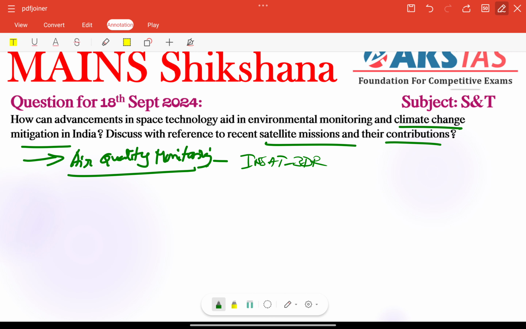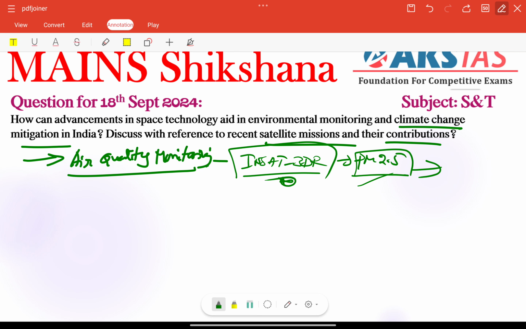It provides continuous observations of the atmosphere, which help in tracking air pollutants such as particulate matter PM 2.5 and nitrogen oxides also. INSAT 3DR is very important here, because its infrared and thermal imaging capabilities have been crucial in tracking forest fires and their impact on air quality, especially, right?